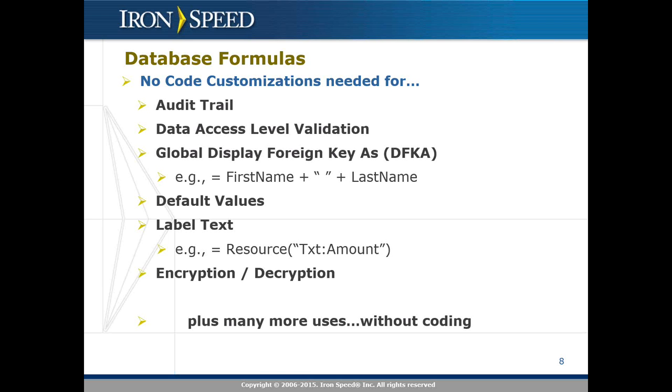We can make that process very transparent using default encryption, decryption formulas that are available, so that the data gets encrypted when it gets saved to the database, and then gets decrypted when it gets pulled from the database and presented on the screen. So that is very powerful and should be part of your everyday best practices. Okay.